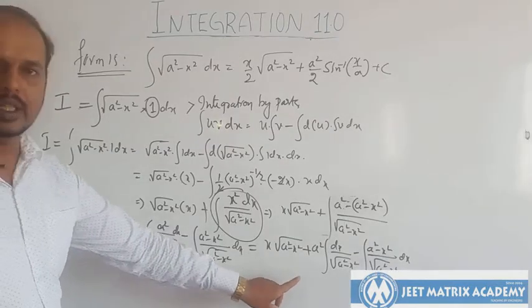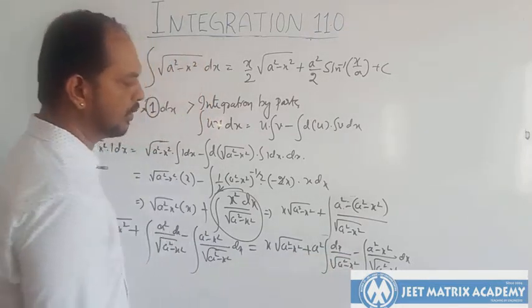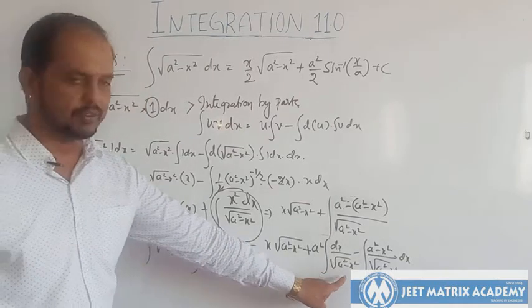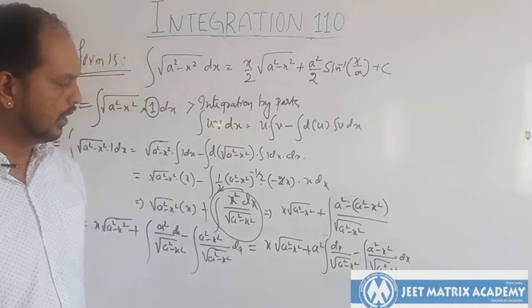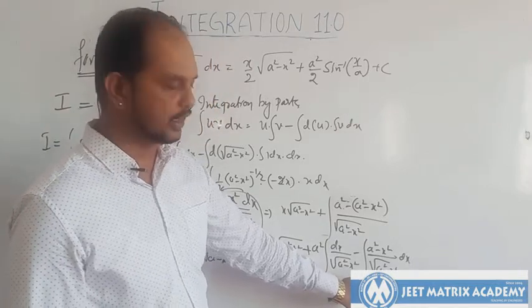Hope till now we are very clear with all the steps. Now if you observe, this looks like we know integration of 1 by under root of a square minus x square, okay. So this is a familiar function, am I right?